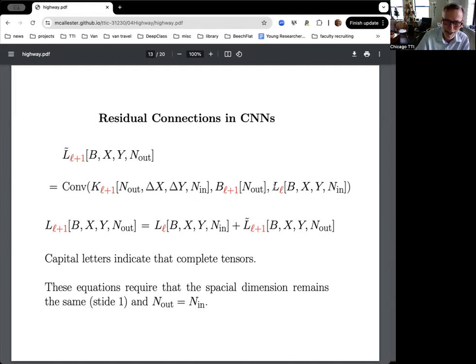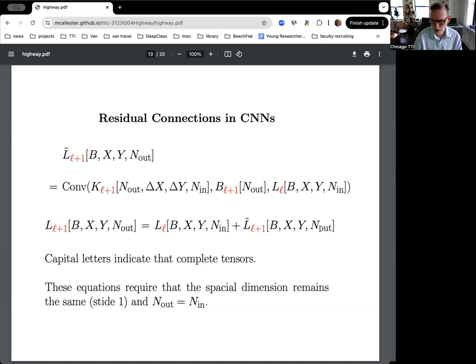The point is we're taking this, passing it through a convolution layer to define the next layer. You can ignore the details of this or work them out if you really want to. We're taking this layer in, and getting this layer out of the convolution layer. And then I'm calling this a tilde because the next layer is just the sum of the input layer and the computed layer.